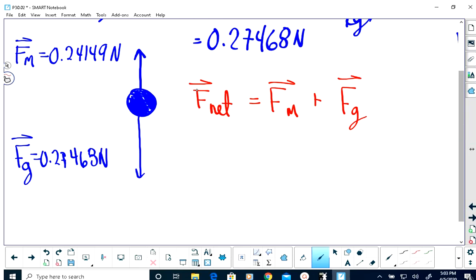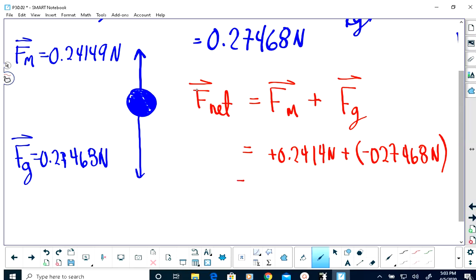And when you have two forces that are in opposite directions, when you add them, you find the magnitude by subtracting the values. So if you wanted to be very clinical about it, we're taking positive 0.24149 newtons, and we're adding the force that's downward, which is negative 0.27468 newtons. And then you're going to get a negative result, which means the net force is down.